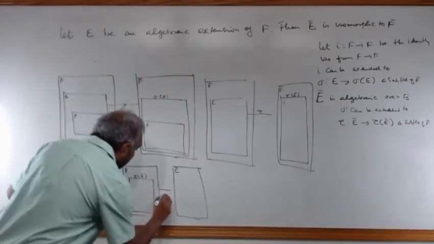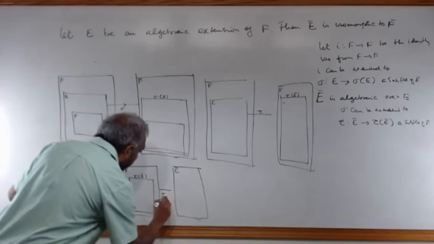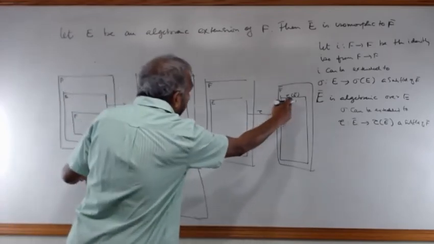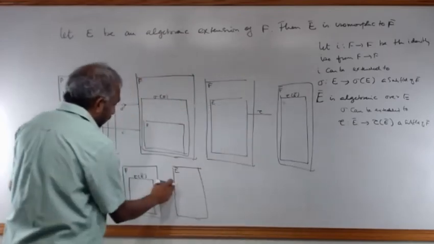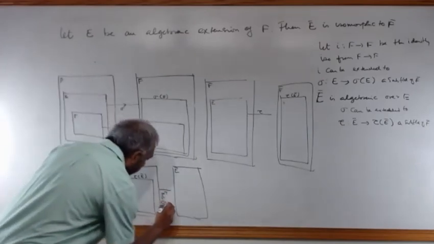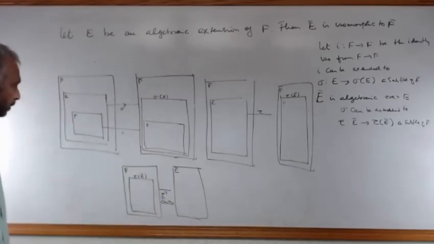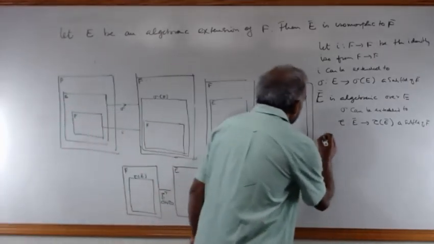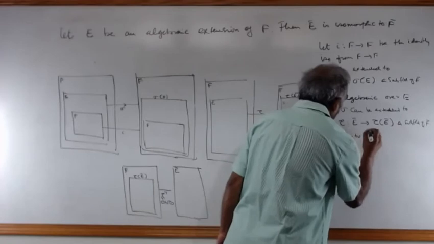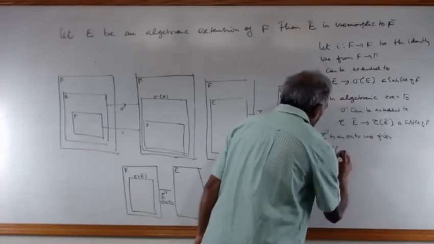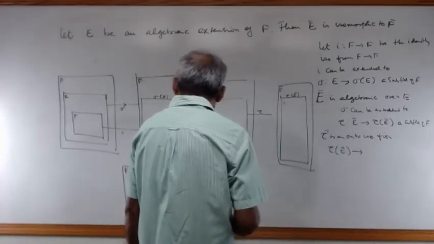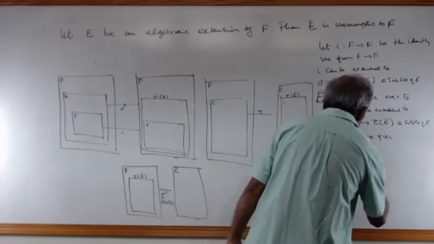So this is actually tau inverse from tau of E closure to E closure, and this is an onto isomorphism.